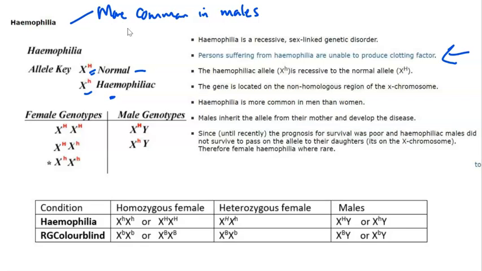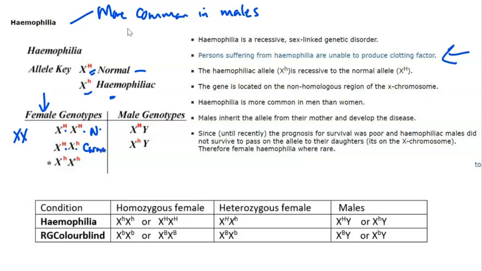So let's take a look at the potential genotypes, which are shown here. Females with two X chromosomes and therefore two alleles for the gene can be X big H, X big H, that would be normal. Big H, little h, that's what we would call a carrier.